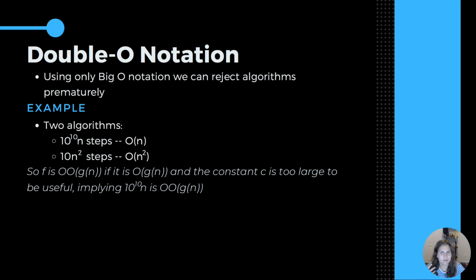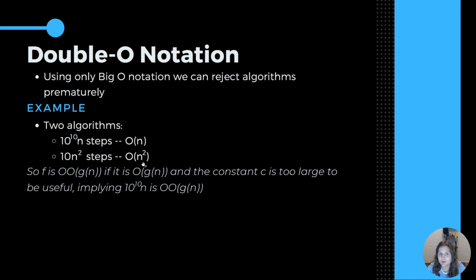So let's think about the fact that we could have two algorithms. We have one algorithm that takes 10 to the 10 n steps, and the big O notation for that is O(n). We could also have another algorithm that takes 10 times n squared steps. So the big O notation for that is O(n squared). On the surface, O(n) is better performing than O(n squared).